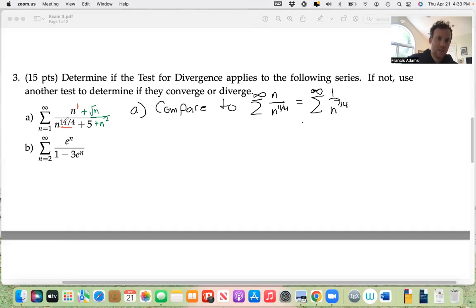And in this case, 11/4 is the big power because that's 2 3/4, and this is just a 2. So even if there's stuff around, pick the biggest power from the top and the bottom and use those to make a fraction. Since they'll just be powers of n, you can combine them into a single power in the denominator, and that'll be a p-series.